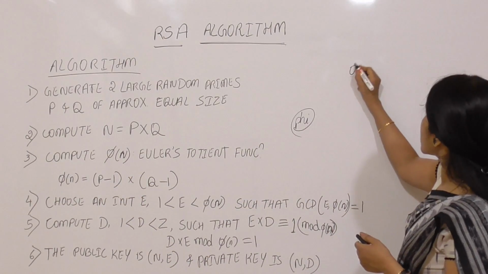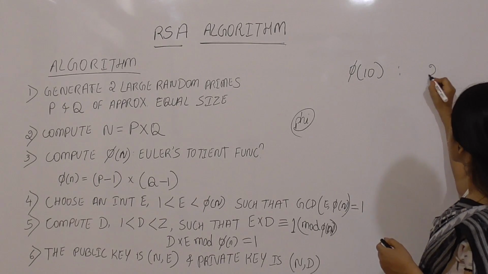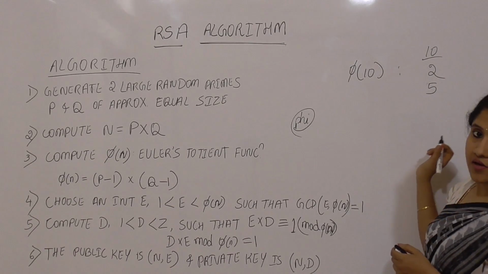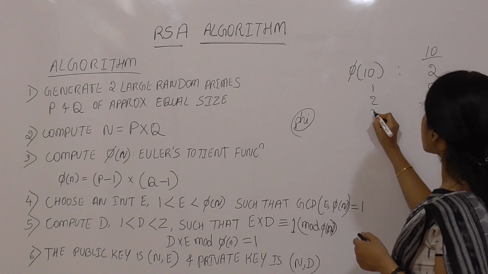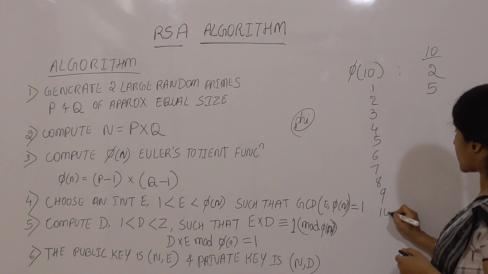For example, how do we calculate phi of 10? First write the factors, just for your reference. 2 and 5 are the factors of n, right? Then write the numbers up to 10: 1, 2, 3, 4, 5, 6, 7, 8, 9, 10.